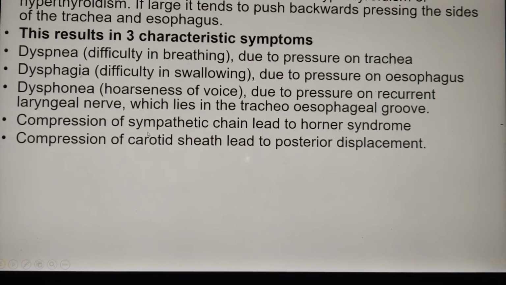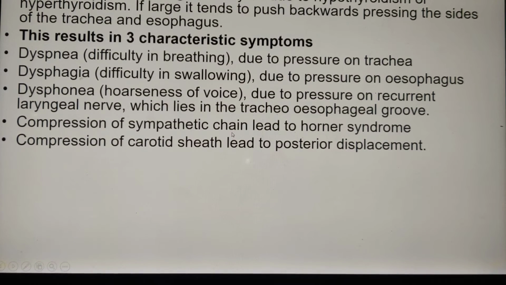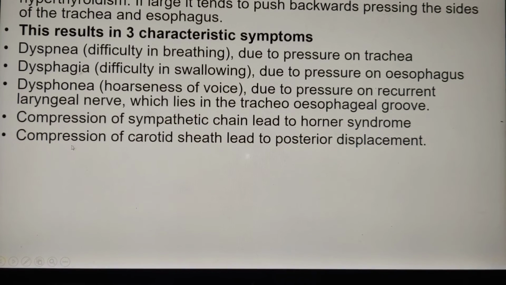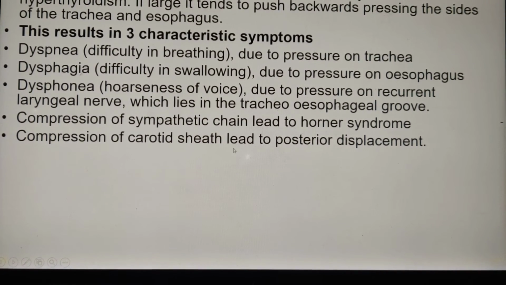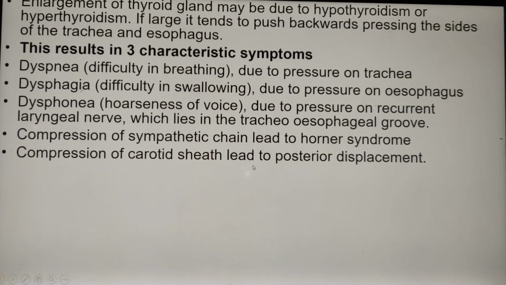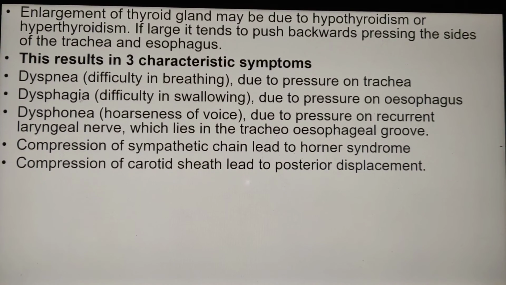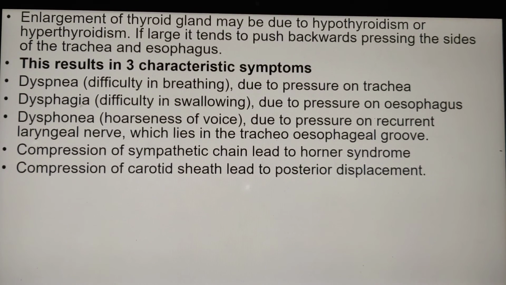Compression of the sympathetic chain leads to Horner syndrome, and it may compress the carotid sheath, leading to posterior displacement. So this is the clinical-based question on the thyroid gland.